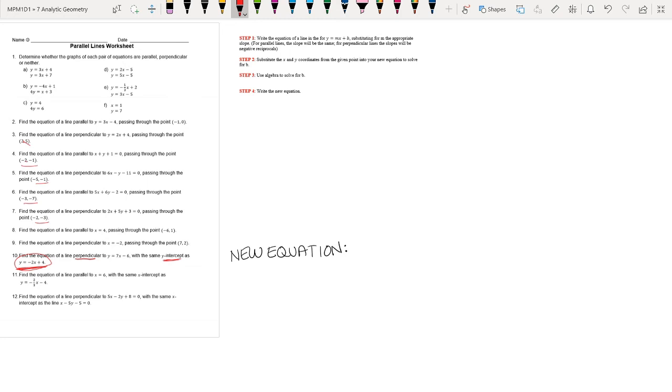It'll be fairly simple, you'll see. First, let's take a look at the slope. So our slope in the original equation we were given was 7. But we want a slope that's going to be a negative reciprocal because the new line is going to be perpendicular. Remember, 7 just means 7 over 1. It's positive, so I change the sign and I flip the fraction. It becomes negative 1 over 7. That's our new slope. Now, how can I find the y-intercept of y equals -2x plus 4? I mean, it's fairly simple.